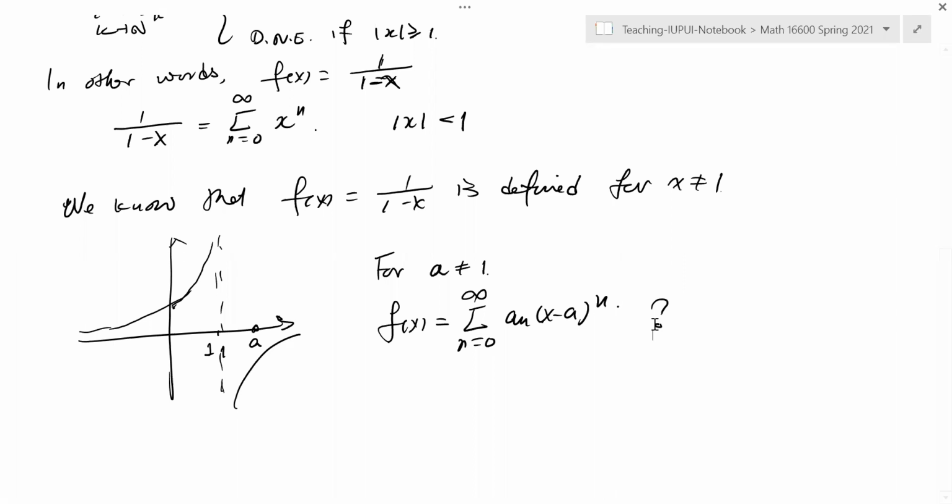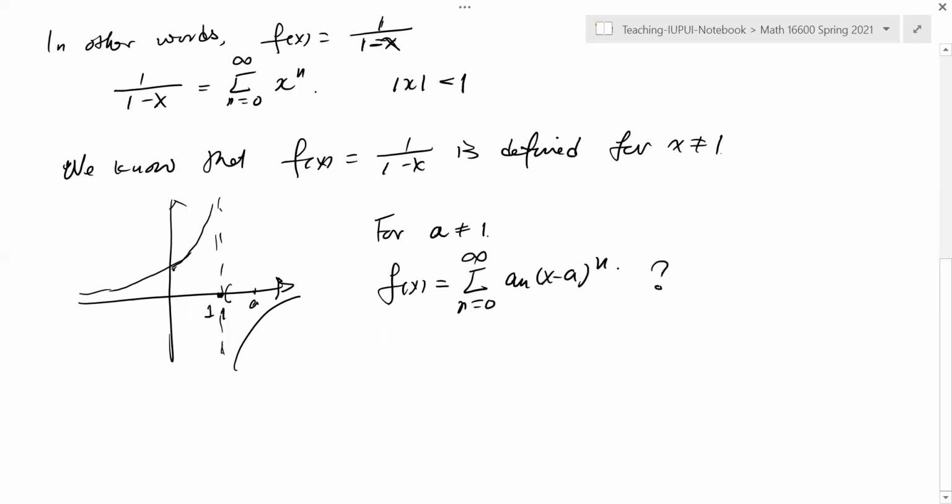I think we can do that around that point, but x cannot be arbitrary. So we're going to find the interval around a which is still away from 1, and I can express it as a power series.